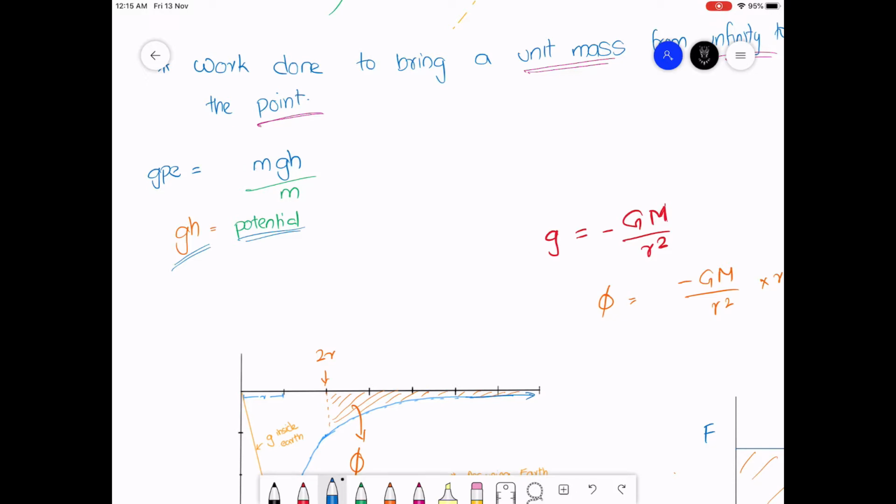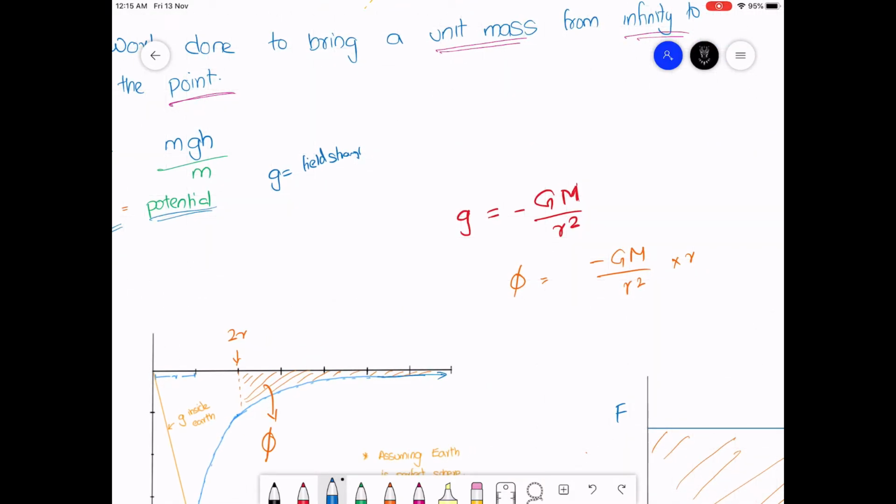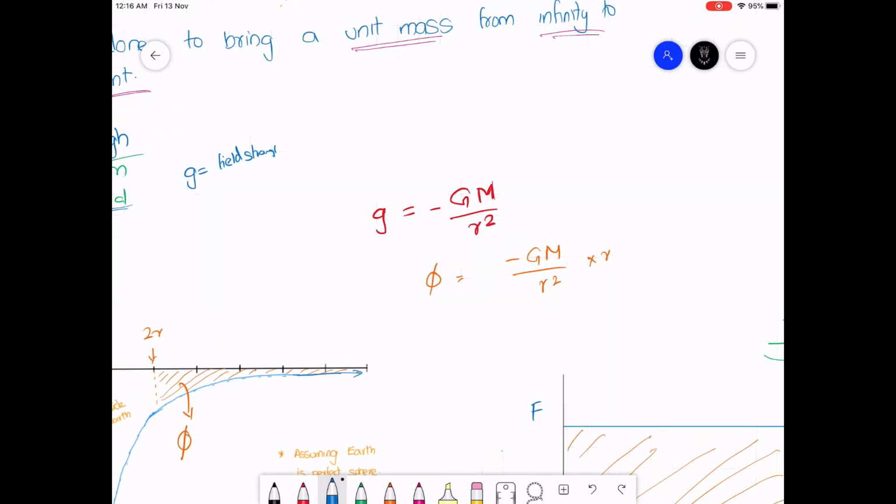Okay, let's actually look at this. g here is the gravitational field strength. So g is the gravitational field strength, and you multiply it by the height. So from Newton's law, g is minus GM, where M is the mass of the larger object, divided by r squared.